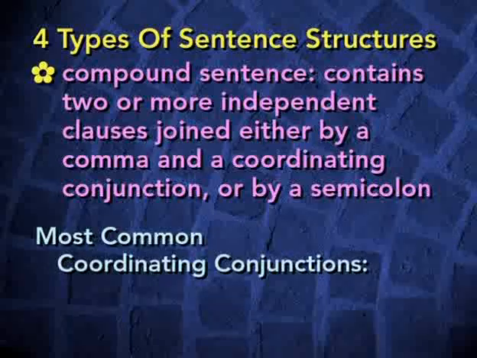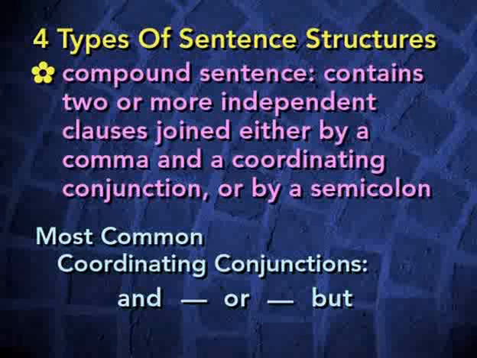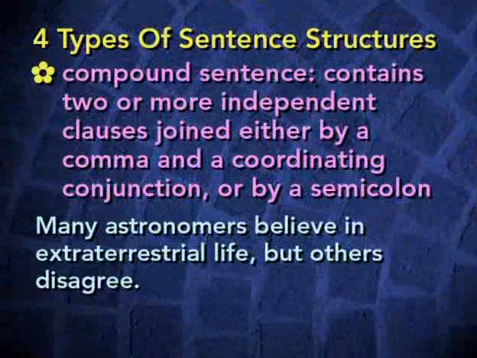The most important and common ones are and, or, and but. So one way of joining 2 independent clauses to create a compound sentence is by using a comma and the word and, or but. Another way of connecting 2 independent clauses to make a compound sentence is by using a semicolon in between them.